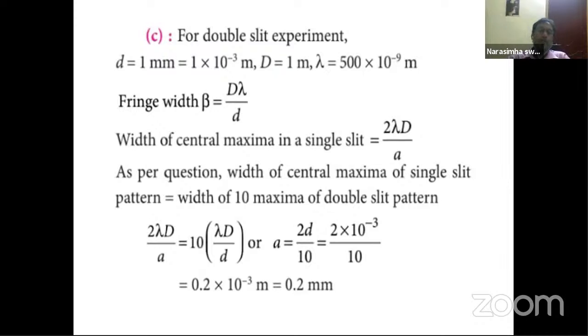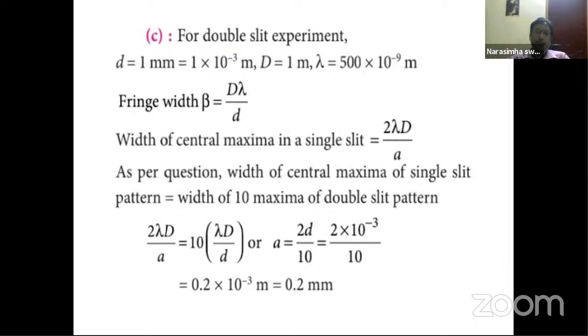So the width of the central maxima in a single slit, which is the central bright, maximum one on the screen, is always 2 lambda d by A.